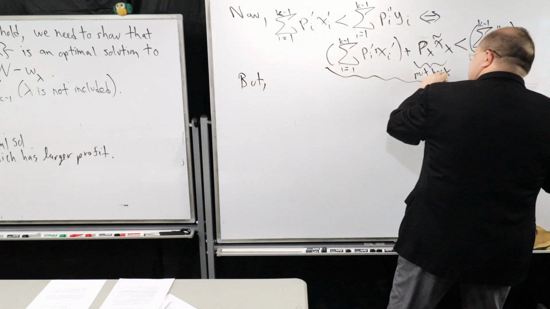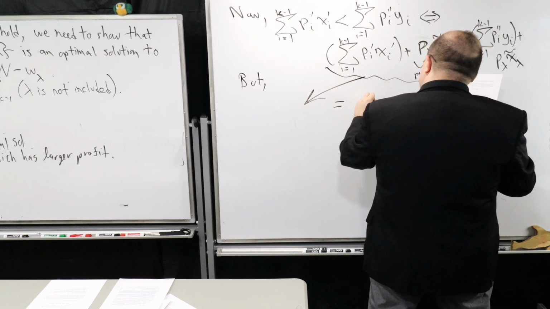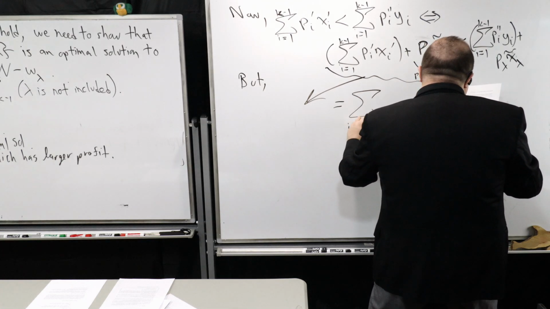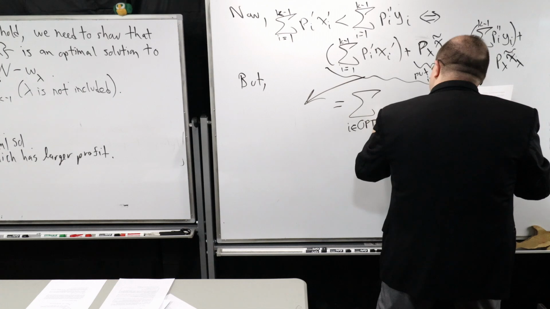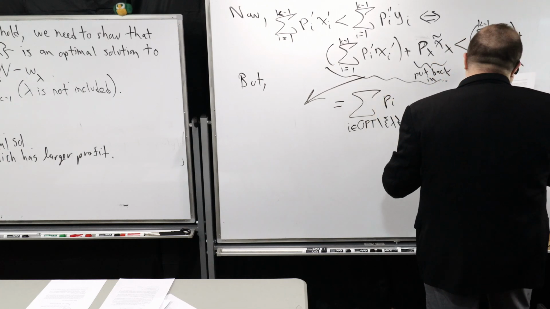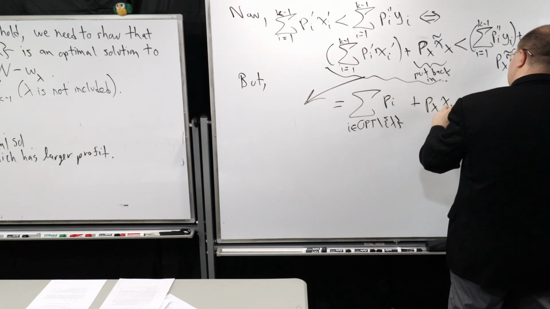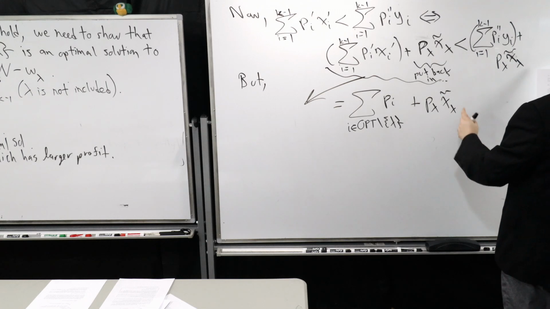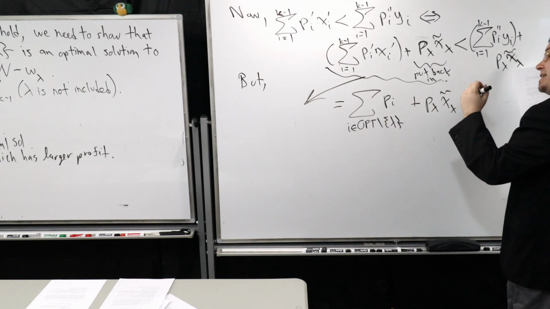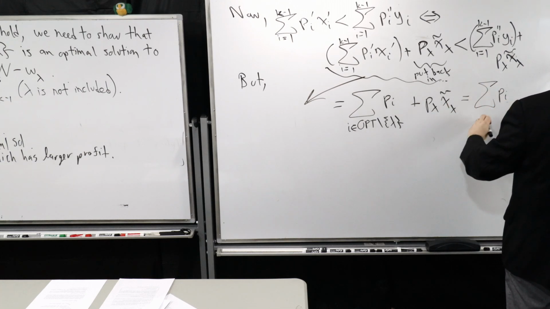Well, I'll tell you. This right here is in fact equal to the sum over all of the items that are in the optimum without lambda. So if I sum over all of those, plus p lambda x lambda tilde, if I lump these two together, by definition that's actually the profit of an optimal solution.